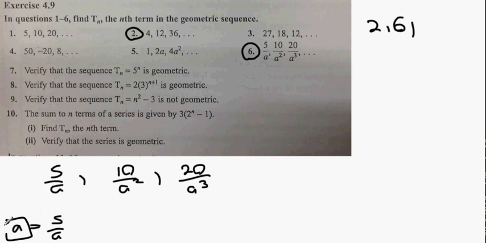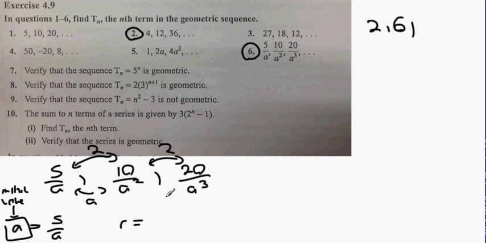Remember, A in this term is just the initial value. And then R: the 5 multiplies by 2 on top, and a on the bottom. So it's going to be R equals 2 over A.